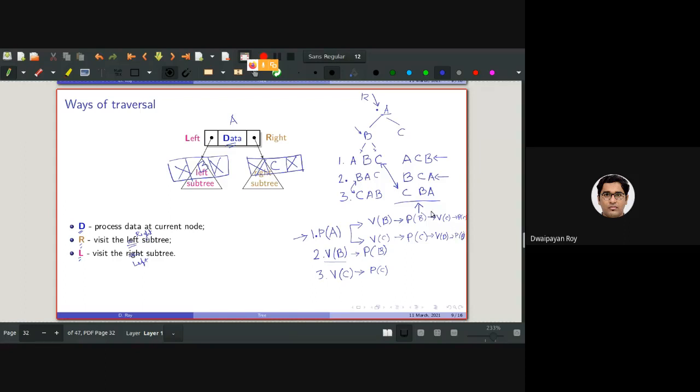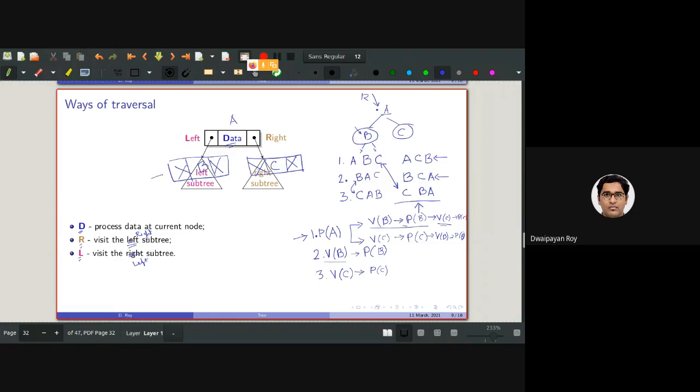But wait a second. Here, after visiting B and processing B, can I visit C? Because as you can see in this node structure, there is no pointer that is pointing to its root.